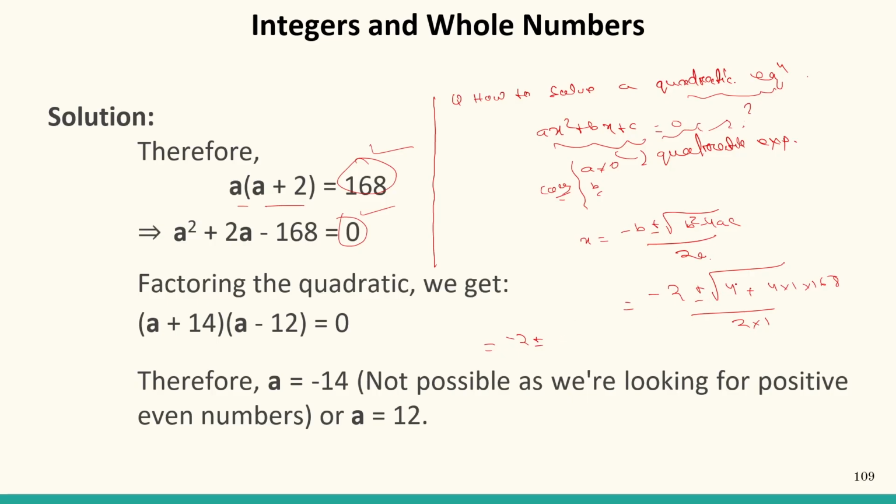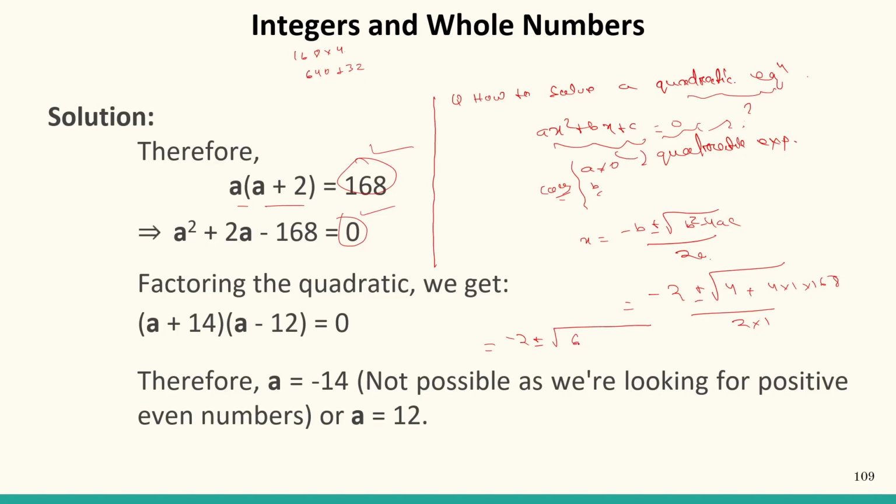Okay, so what we have inside the square root is 4 plus 168 into 4. Let's see what 168 into 4 is. It will be 160 into 4, that is 640, plus 8 into 4, which is 32. So 672.